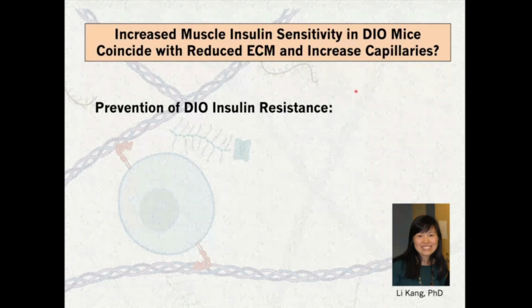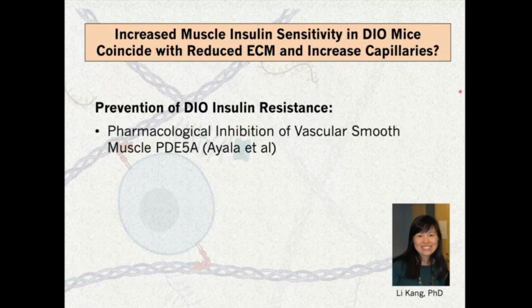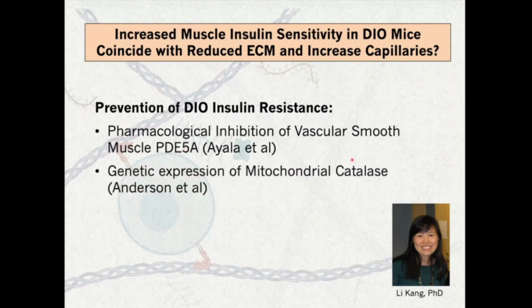So the first thing we did was a freezer study where we took mice that we had demonstrated had increased insulin sensitivity, either through genetic manipulation or by pharmacological manipulation. This would be the PDE5A inhibitor, sildenafil, which I showed you a bit of earlier, and then the genetic expression of mitochondrial catalase.